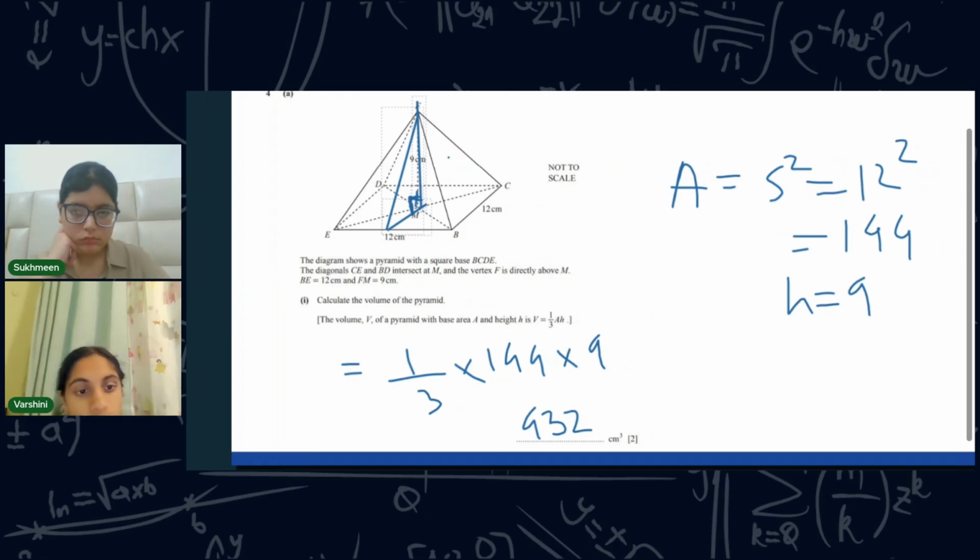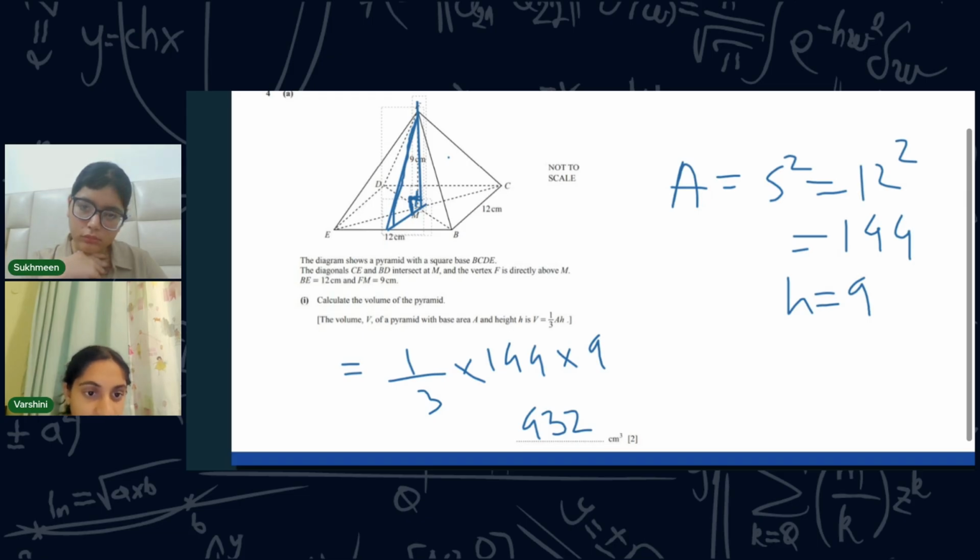So we can use that to calculate this, because basically all we need to calculate this triangle is the height of this triangle, and then we can do half into b into h.